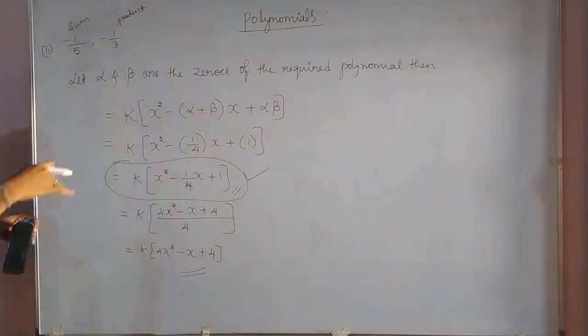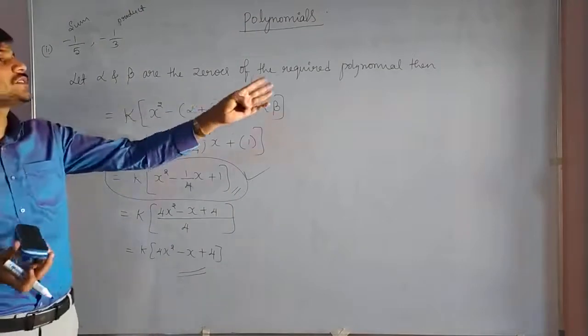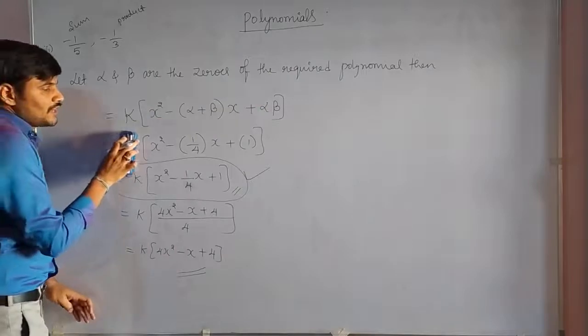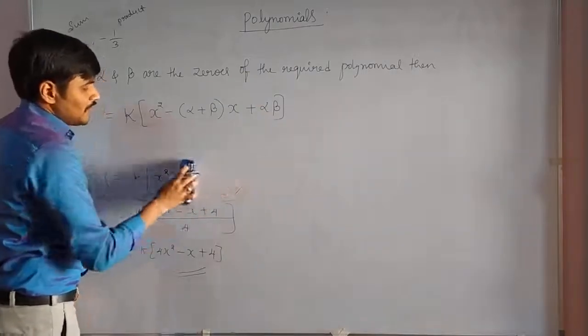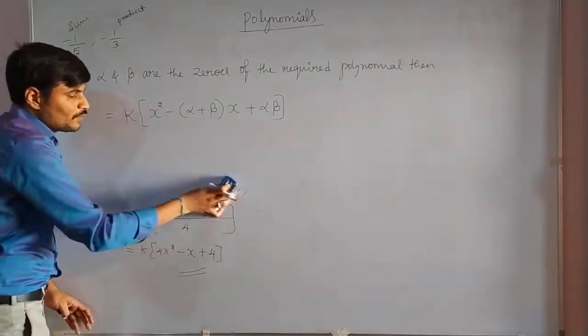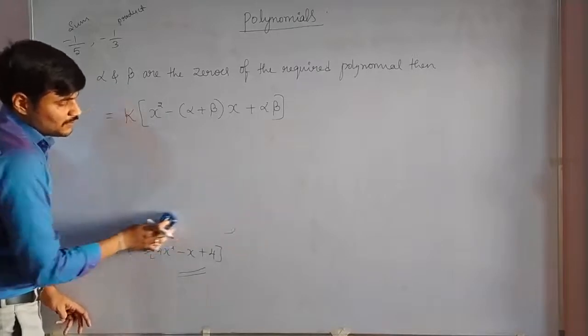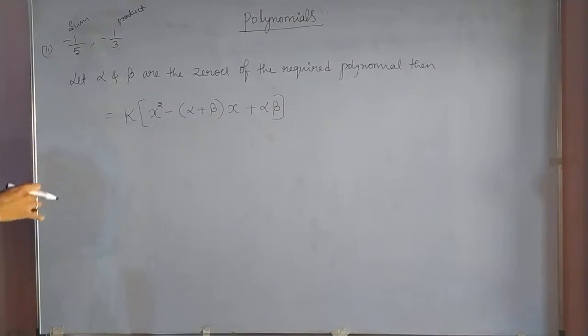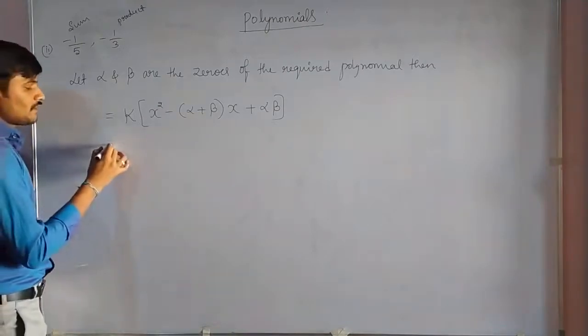So let us write the same sentence as usual. Let alpha and beta be the zeros of the required polynomial. The polynomial general form you wrote: k into x square minus sum of the zeros, that means alpha plus beta, into x plus product of the zeros, that means alpha beta, as we have taken alpha and beta to be the zeros of the required polynomial.